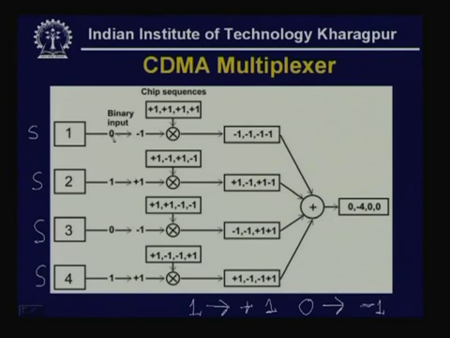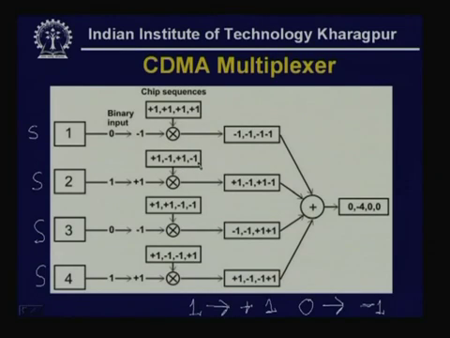Now each of these stations has a unique chip sequence. The chip sequence for channel 1 is +1, +1, +1, +1, essentially 1 1 1 1. On the other hand, for station 2 it is +1, -1, +1, -1.